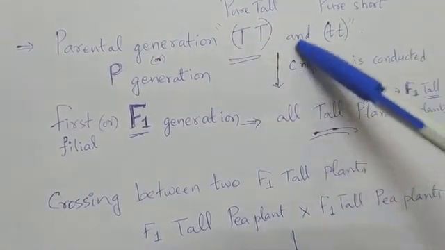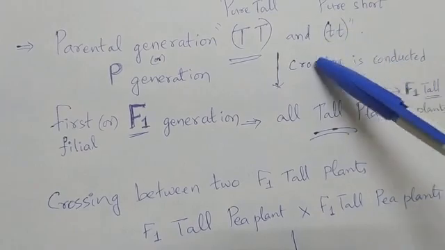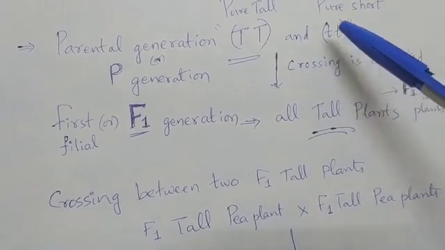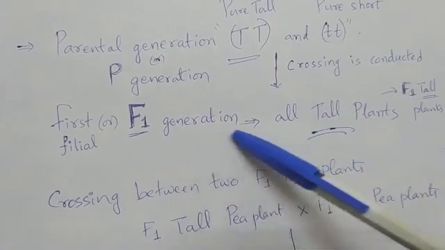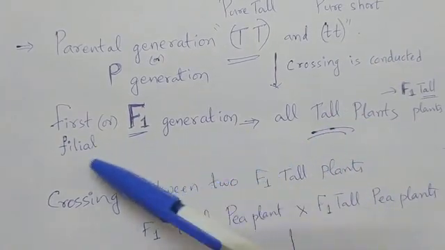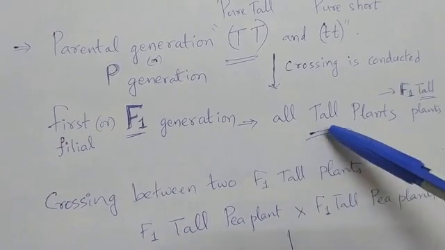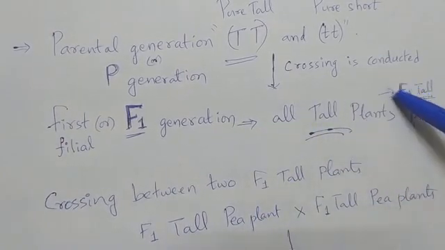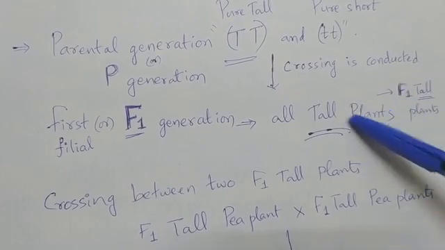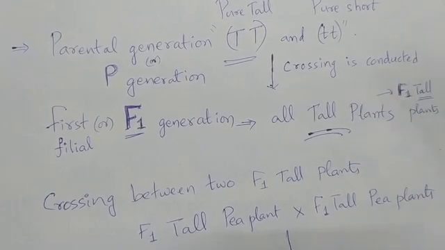There is genetic information for shortness in pure short plants. Right? Pure tall and pure short. But in the F1 generation of progeny, that is the first filial generation of progeny, all plants are tall plants. F1 generation plants, all of them are tall plants.